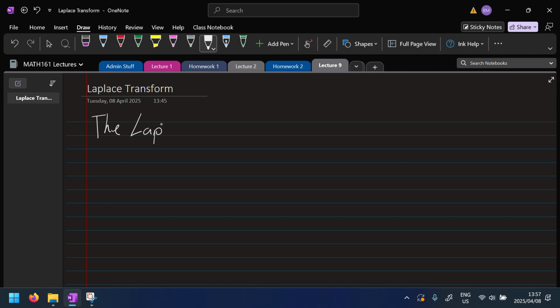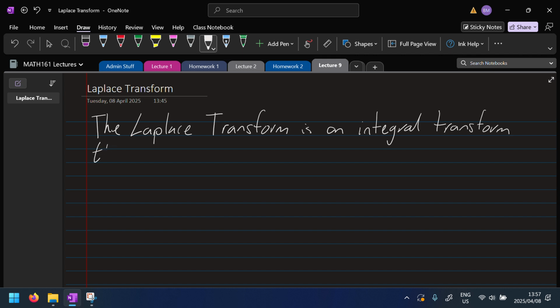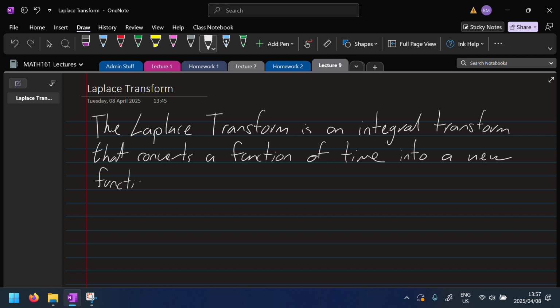The Laplace transform is an integral transform that converts a function of time into a new function of frequency.